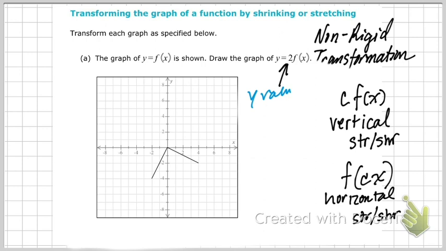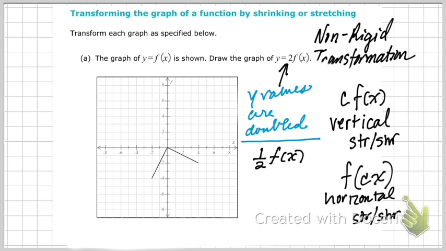And can you imagine, if I had 1/2 f of x, then all y values would be cut in half.